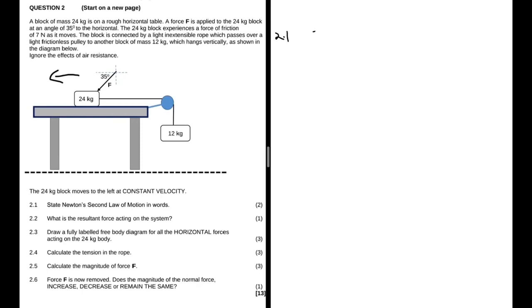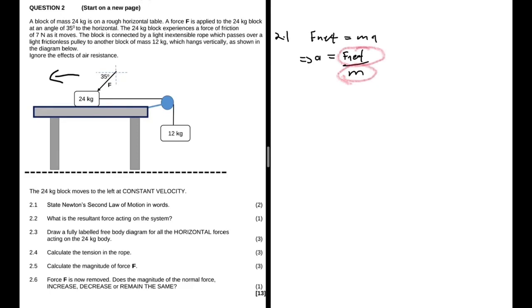We know that F net is equal to ma, and if we make a the subject of the formula, we get a is equal to F net divided by m. So clearly here, if you apply a F net on an object, the object will accelerate in the direction of the net force with an acceleration that is directly proportional to the applied force and inversely proportional to the mass of the object.